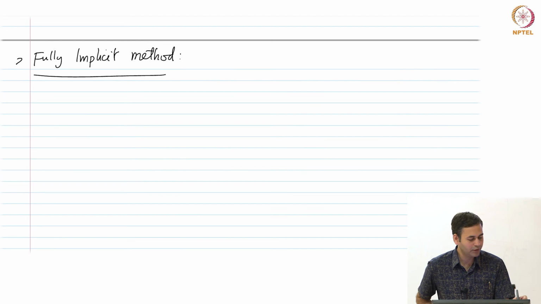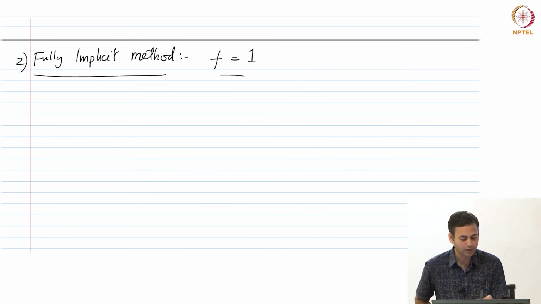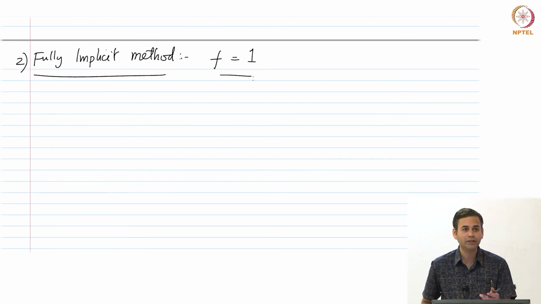You would obtain a fully implicit method if you set f equals 1. In the previous case we assumed that f equals 0, that means the time level 0 values prevailed over the entire time step. Here we are assuming that f equals 1, that means over the entire delta t, the phi values at t plus delta t prevail.